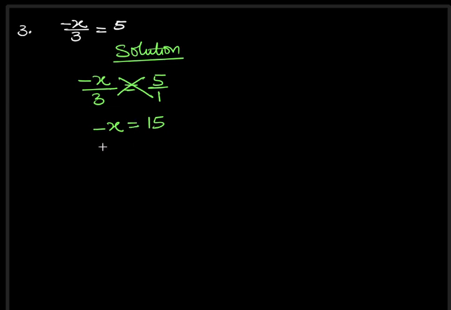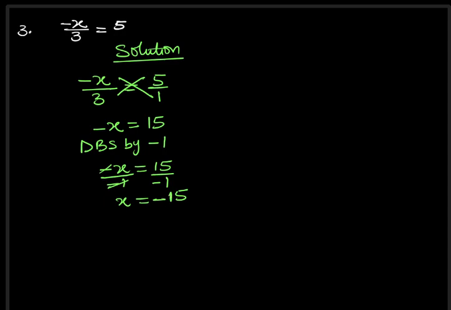We are looking for x. So we divide both sides by the coefficient of x, which is minus 1. That will give us minus x equal to 15 all over minus 1 all over minus 1. This cancels this, and then our x is equal to plus divided by minus, minus 15 divided by 1. That will give us minus 15. And that's our answer. So this is case 2, cross multiplication.